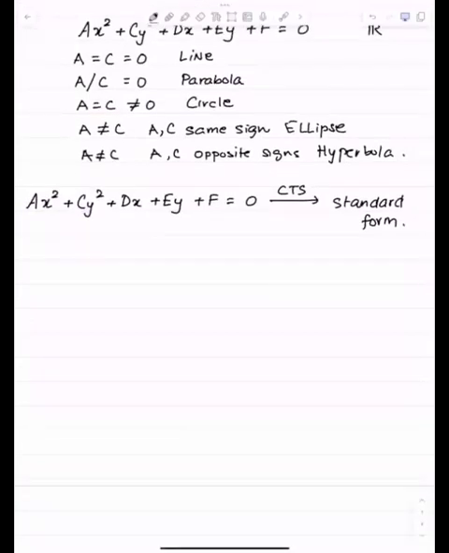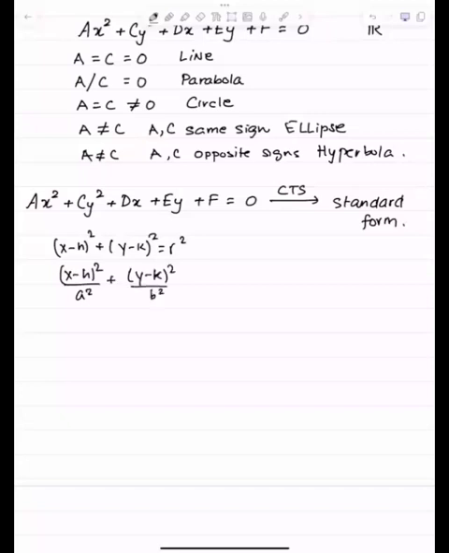It's any of the cases. If it's a circle, it's this. If it's an ellipse, you get the idea. And the other form, and then we have the hyperbola, where I will put a minus. So we can complete the square and put the equation into a standard form.